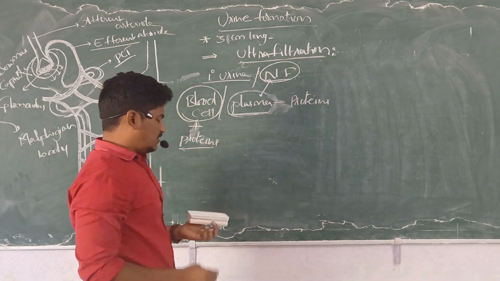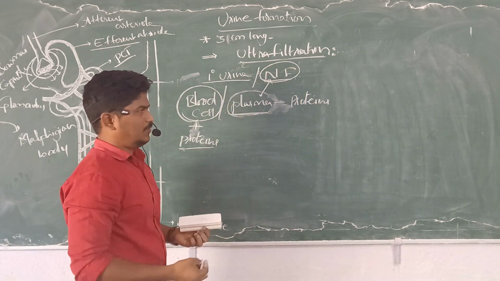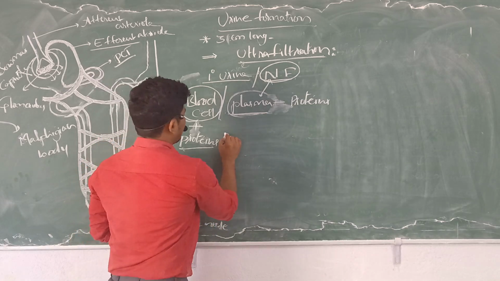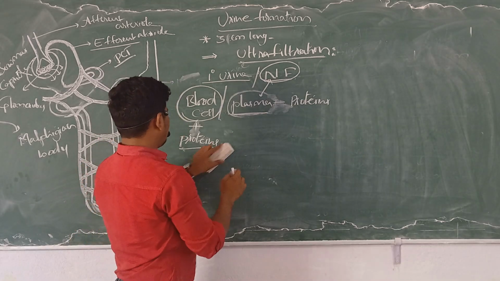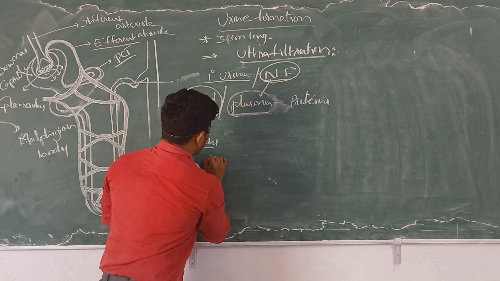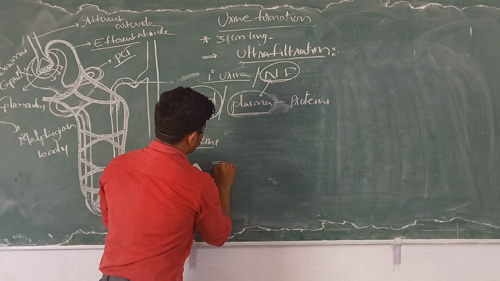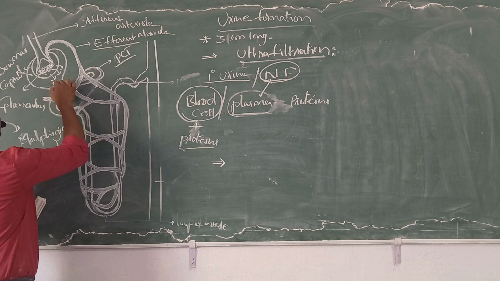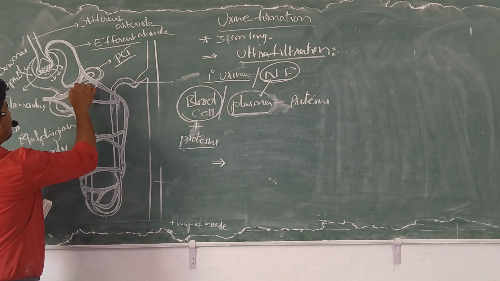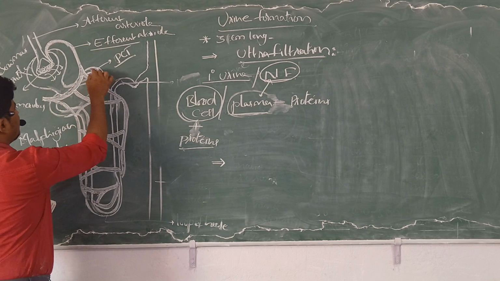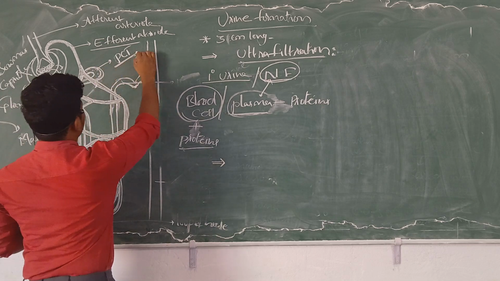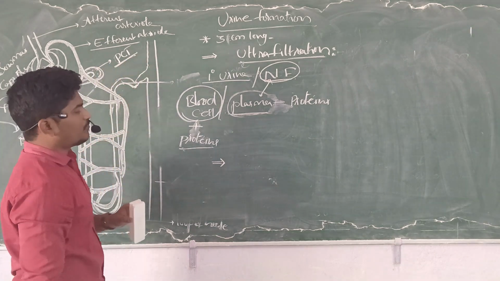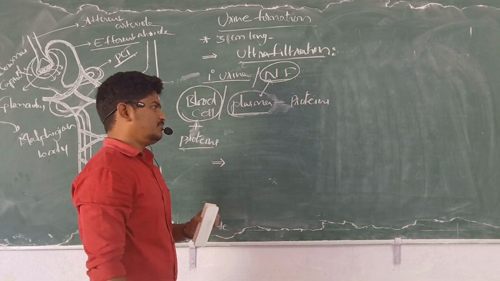Now by using this data, let us understand the next step. The nephric filtrate came here and then enters the next place, an area we call the PCT. Here we have to remember one thing.